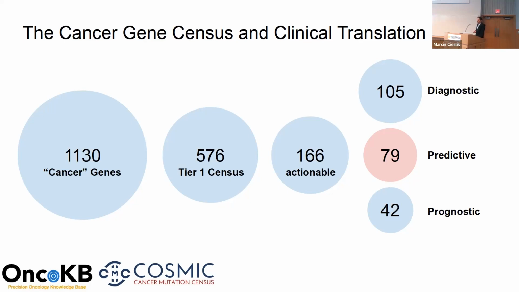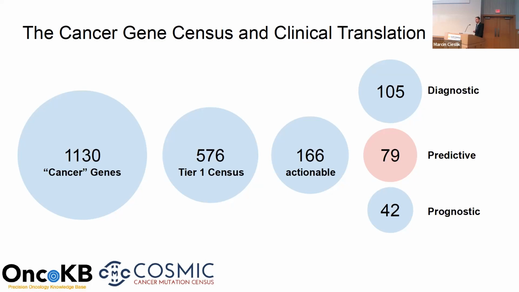Some of the mutations are prognostic, which means if you have that mutation, then you are less likely to live long versus if you don't have it, you might live longer. Certain associations like that. So prognostic information is important, but perhaps not as important. Predictive information, though, is the most vital aspect of that.